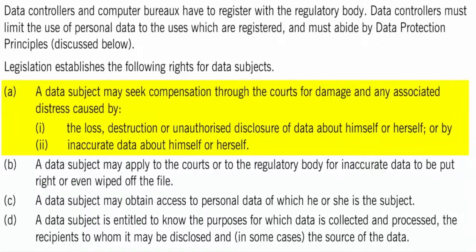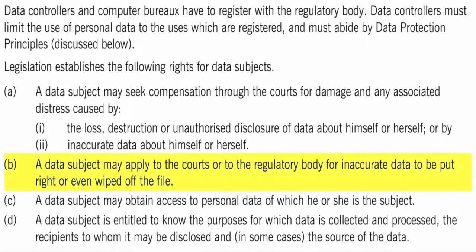For example, if a bank customer's personal information were mistakenly disclosed to a third party, and this resulted in financial loss or distress, the customer could pursue compensation through the courts. The data breach at British Airways, which exposed customers' payment card details, led to significant claims and fines, showcasing the legal recourse individuals have for privacy violations.